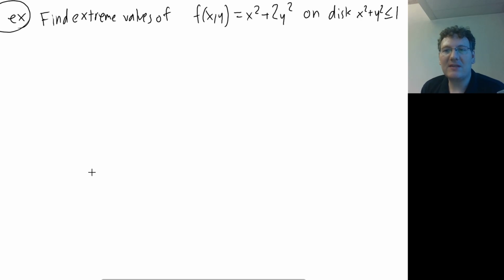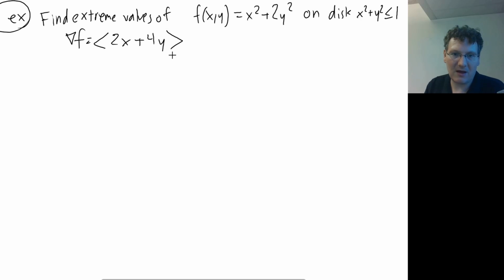Okay, so if we extend this a little bit and look at this function on the entire disk, x squared plus y squared less than or equal to 1, what we need to do now is consider where the gradient is zero. The gradient of f was 2x comma 4y. If we are looking for critical points of the function, the only critical point is the point 0, 0.